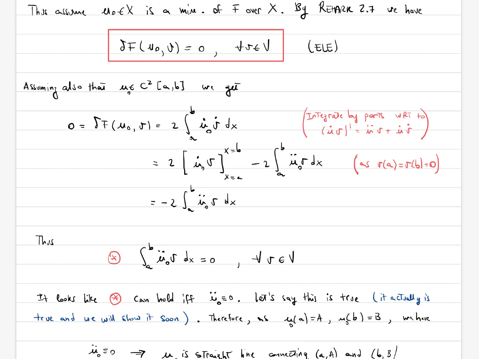And so we're left with just this term here, and so this is equal to 0 by construction, and so we're left with this equation here, star.